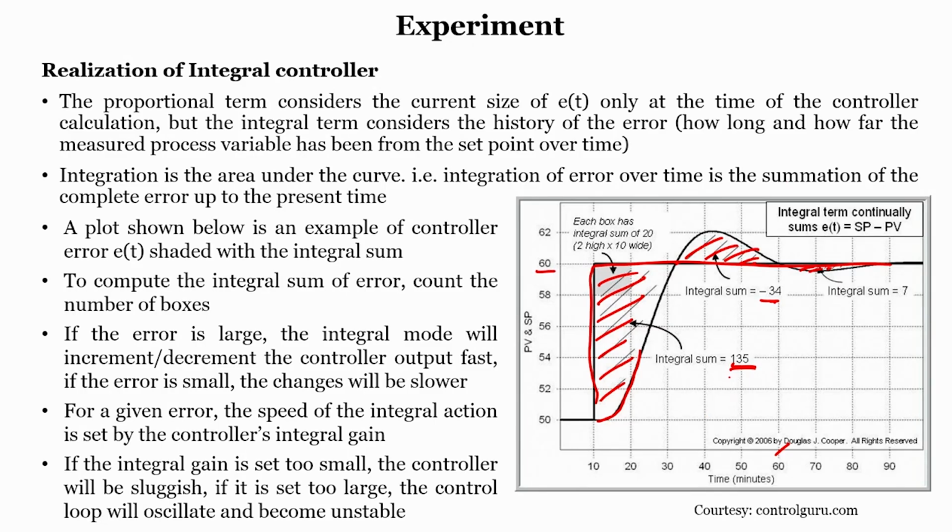How much it is to be decreased entirely depends upon how much variation we can observe here. So the value that will be applied is 135 minus 34, which is somewhere around 101. But if I apply this 101, again there will be some undershoot, there is some overshoot here, there is undershoot, and if you calculate, the error is 7. So 101 plus 7. So application of 108 quantity will maintain it constant.